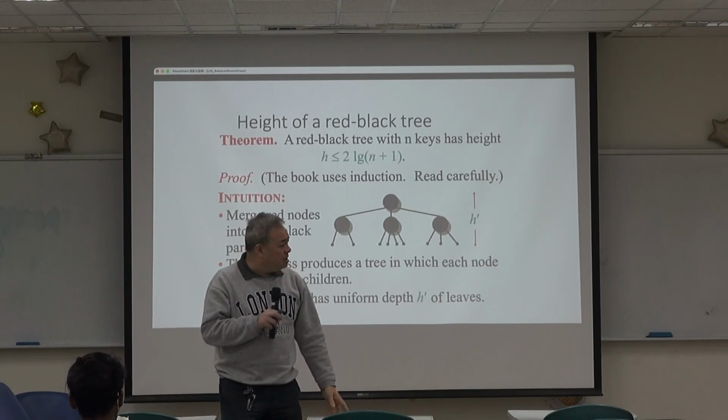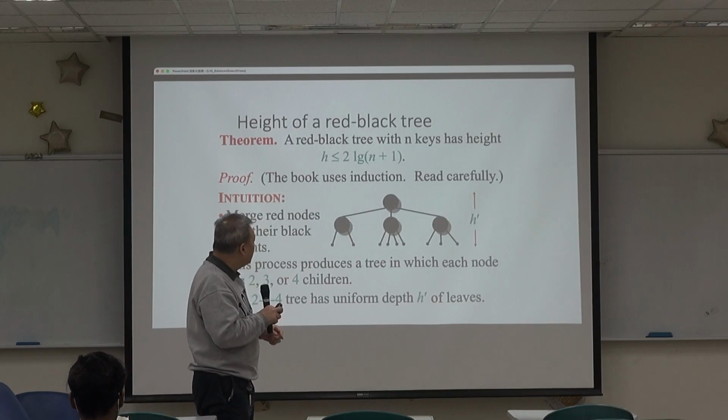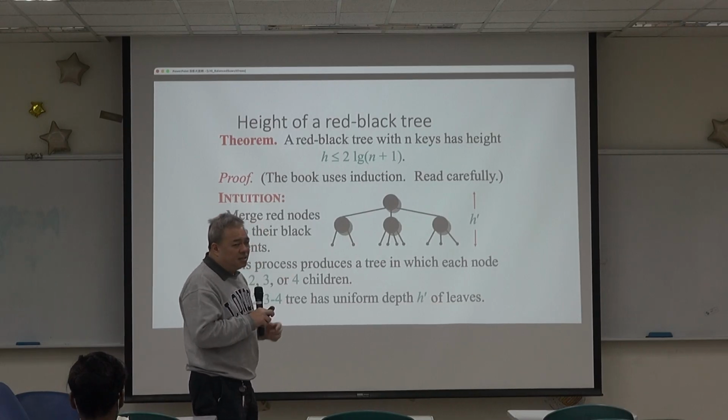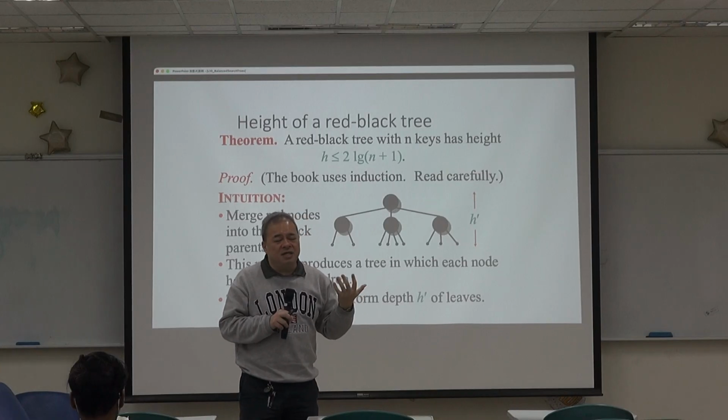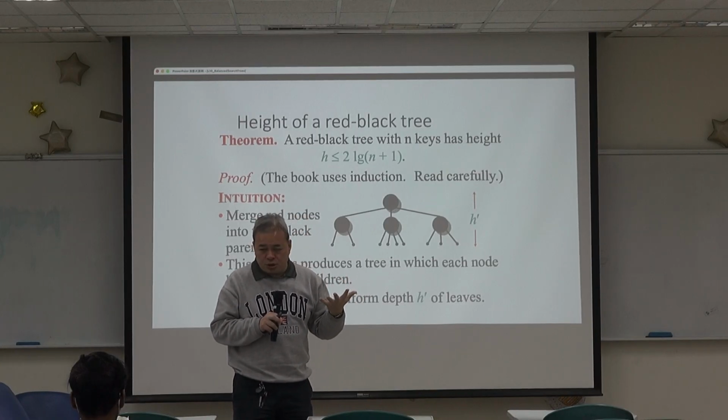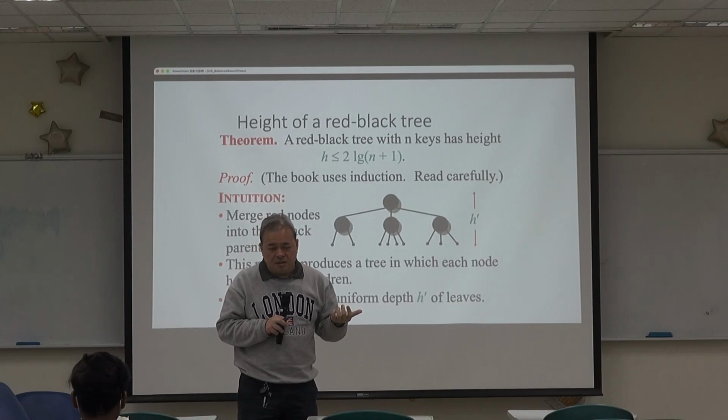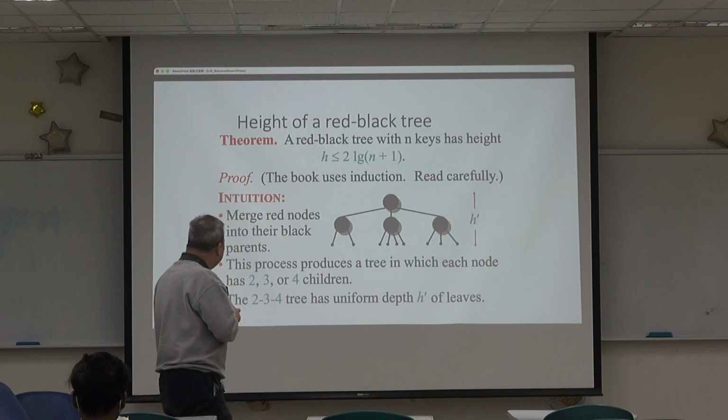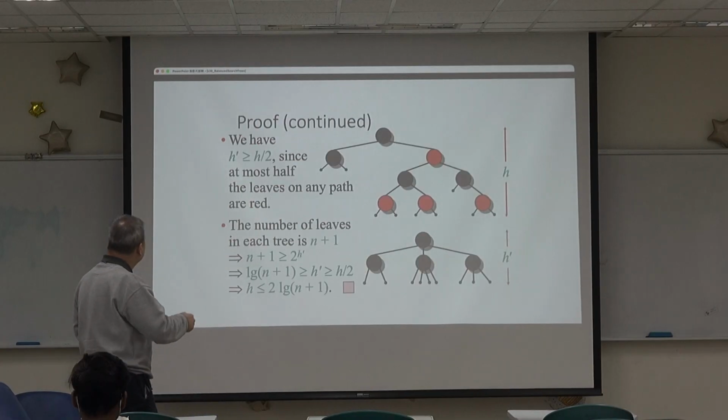So in other words, this h prime is greater or equal to half of h. And how about the number of leaf nodes?